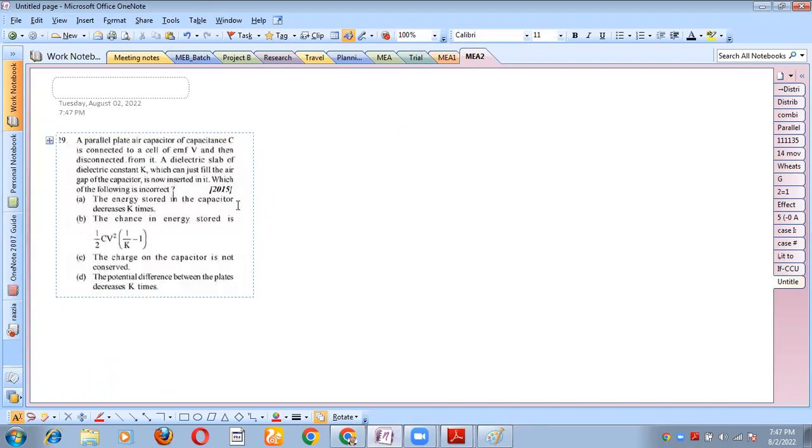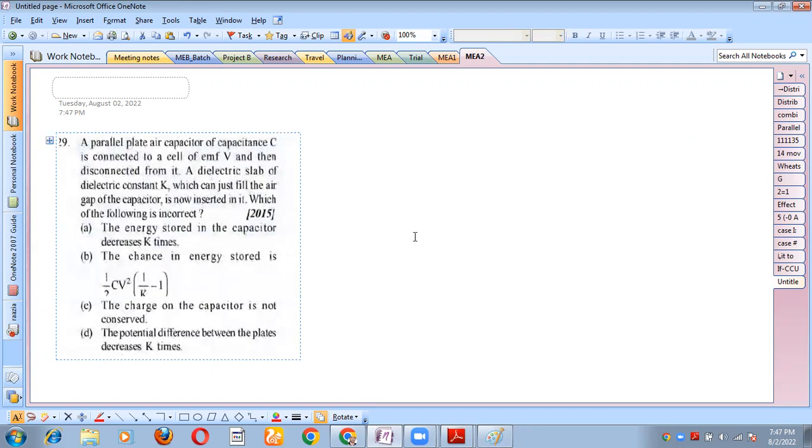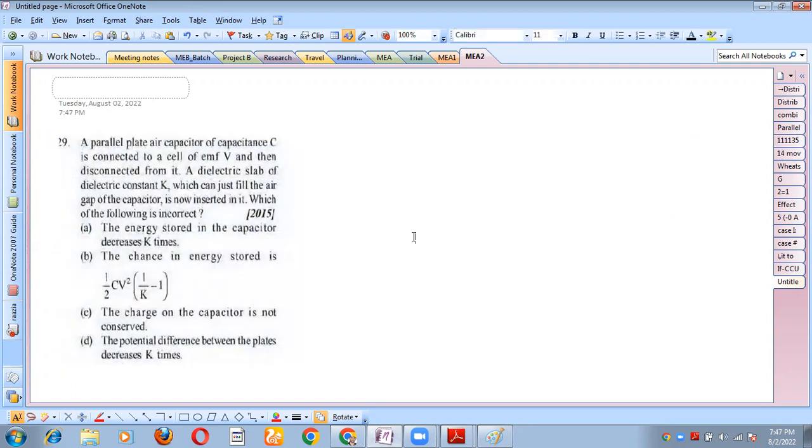So go through this question number 29. This is NEET 2015 question.